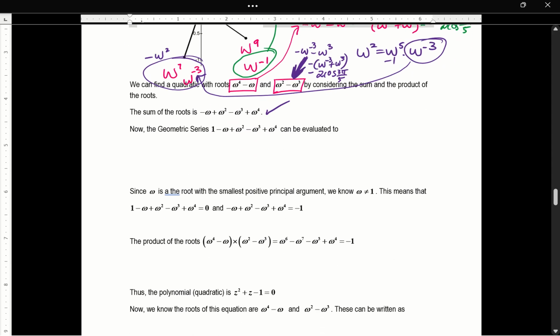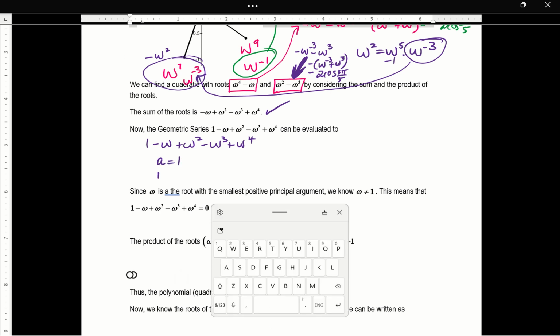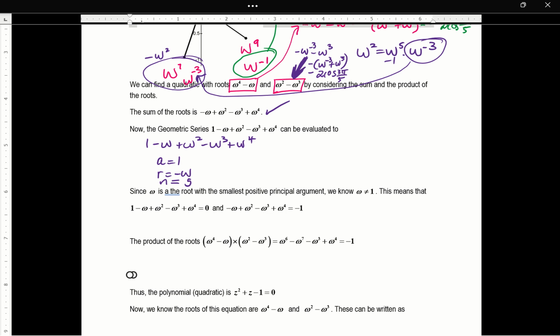All right, now that geometric series there, 1 minus W plus W squared minus W cubed plus W4, you might say, how come you've just thrown an extra 1 in there? Go with the flow here. I just want to talk about that series, which is very closely related to what I just ticked. That series is a series with a equals 1 and r equals minus W, and n is equal to 5. There's 5 terms there. The W's go from 1, 2, 3, 4, and there's the 1 there.